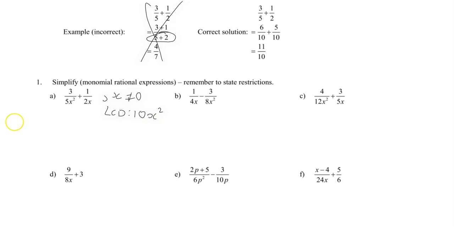And here's what we do. We take the 3 over 5x squared, and we're going to multiply it. Remember, we're multiplying by something that's equal to 1, but we want to get 10x squared, so that's just going to be a 2. Whatever we put in the denominator, we also put in the numerator.